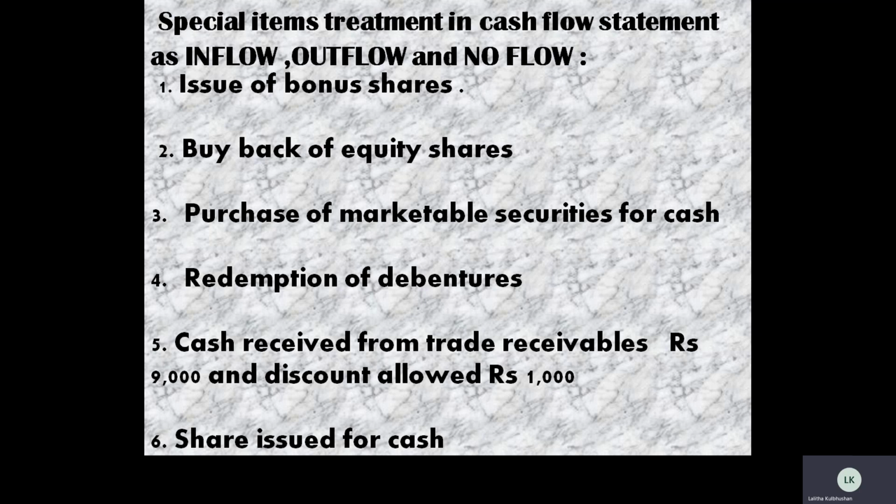The next is purchase of marketable securities for cash. We have already seen in the previous slide that marketable securities are equivalent to cash and cash equivalents. So here the purchase will have no effect, because one medium, the marketable securities, has been converted into cash. Within cash and cash equivalents, a transfer is taking place.